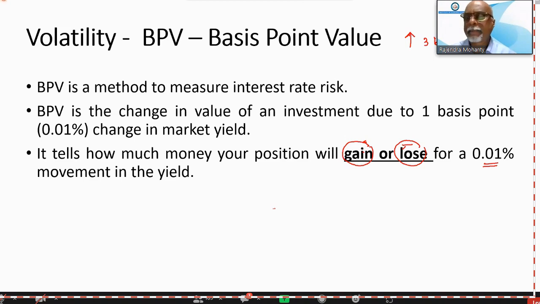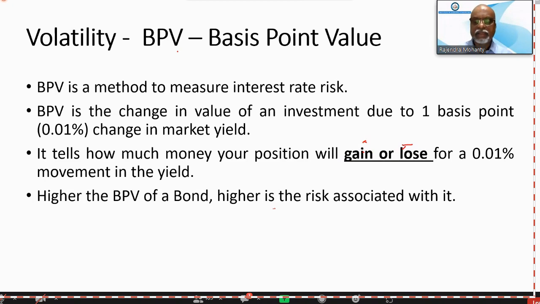Lose the bond price. Very good, because market rate going up means your value is coming down. So you are losing. When market rate comes down by 4 BPS, that means you gain. So for a movement of 1 BPS, how much loss or gain we will have can be easily calculated through BPV. So that's why BPV has to be calculated.